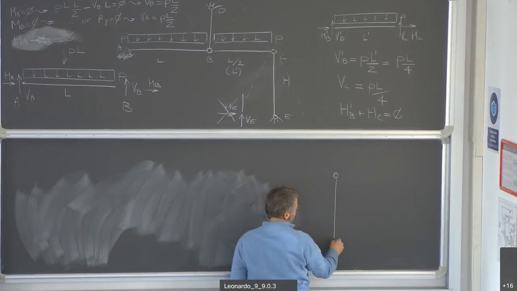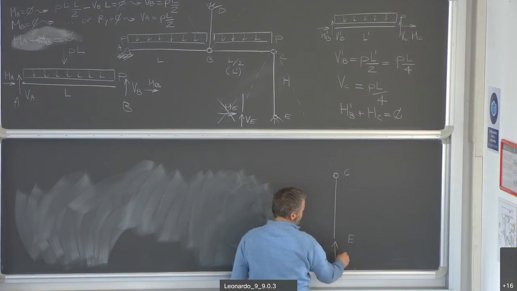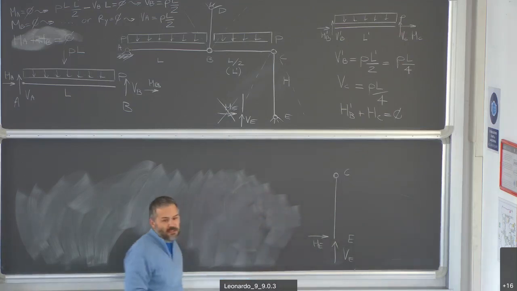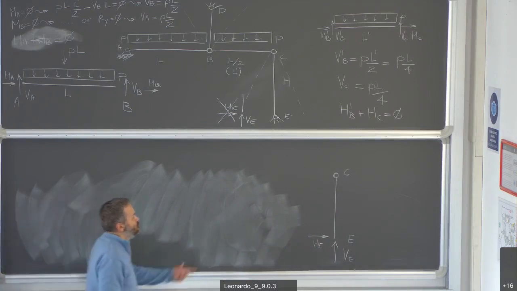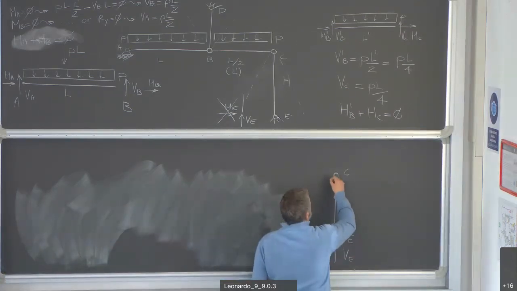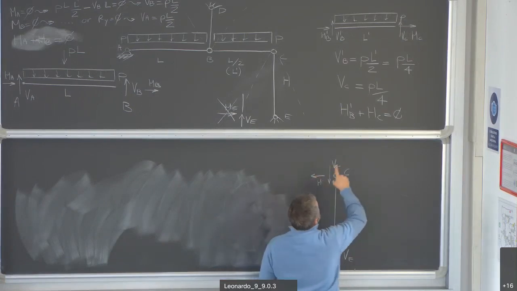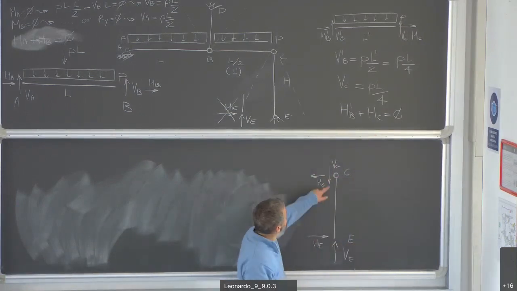So we have member CE, this is C, this is E. I didn't realize it's a truss member, so I put here HE and VE. Okay? And then here I will have what? A VC and an HC, because of the principle of action and reaction.